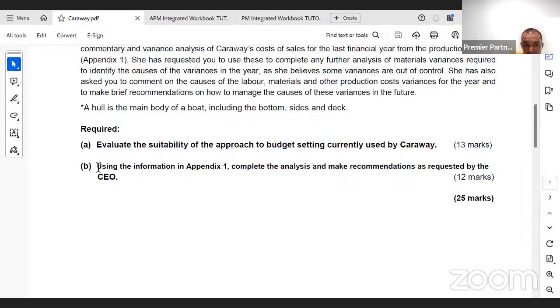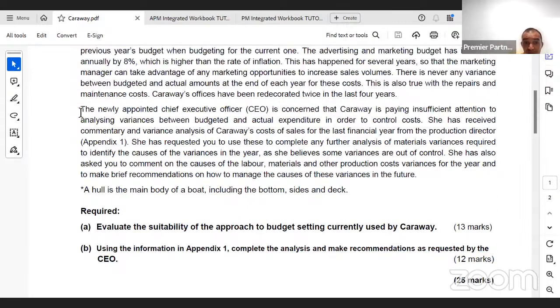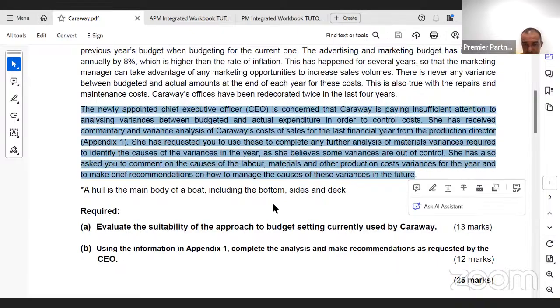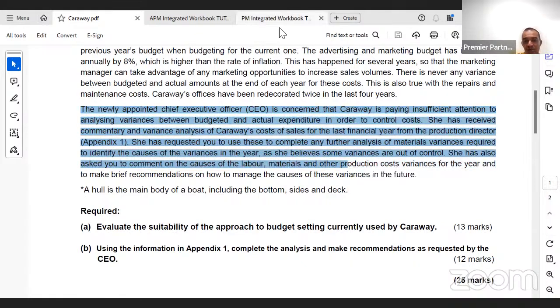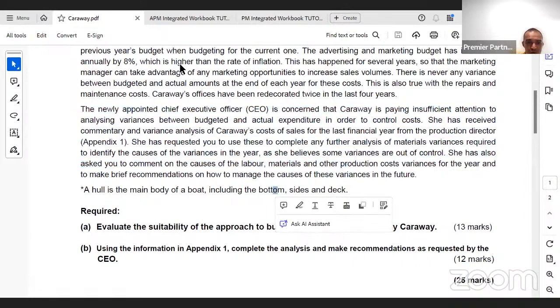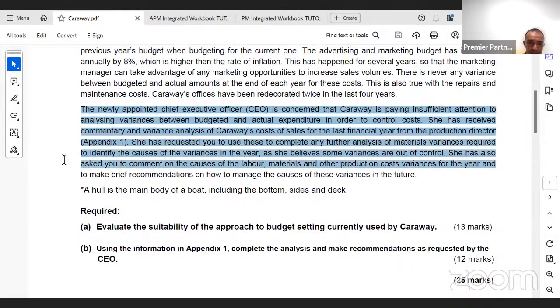Now, only by looking at the requirement, you cannot answer this question. You need to go back and read what the CEO is telling you. Right? It's based on this paragraph and what he's saying here that you can answer the question. Remember that, right? Now just go through this paragraph again, read it.